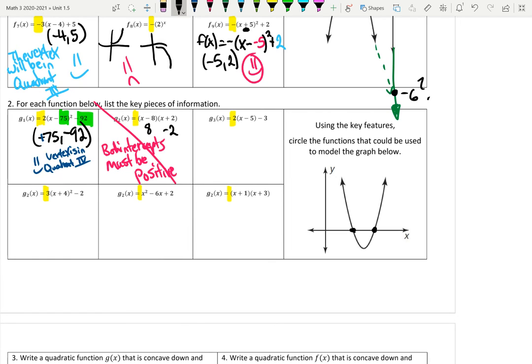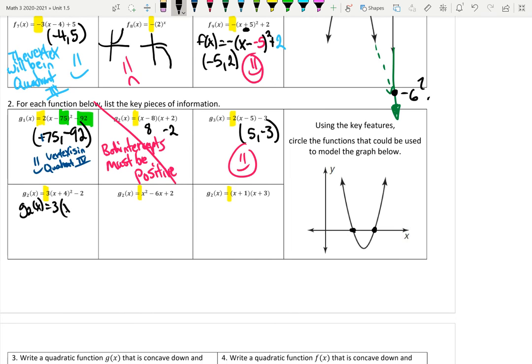This next one, the vertex is 5, -3. Starting from the origin, I go right and I go down, and this works. It is in quadrant 4. Here, this is where rewriting it in vertex form is going to help. g2 of x is going to be equal to 3.